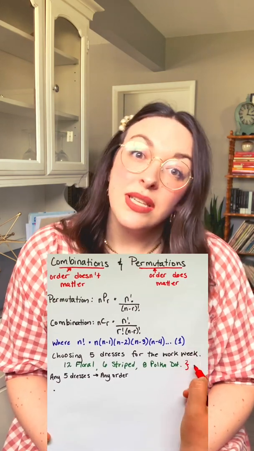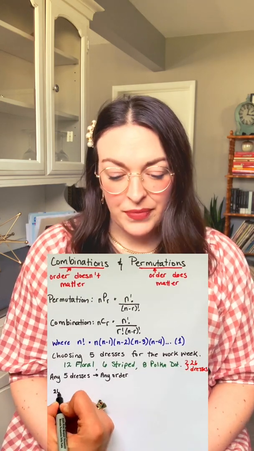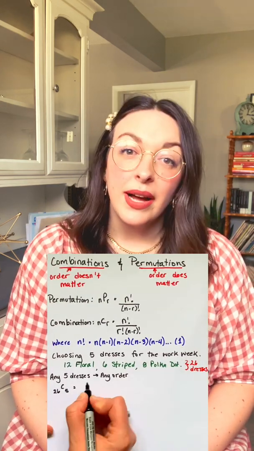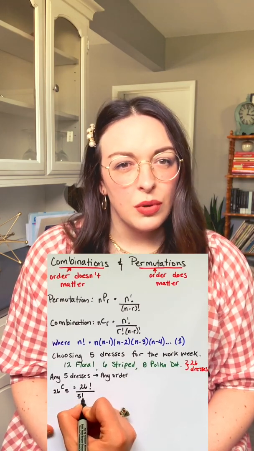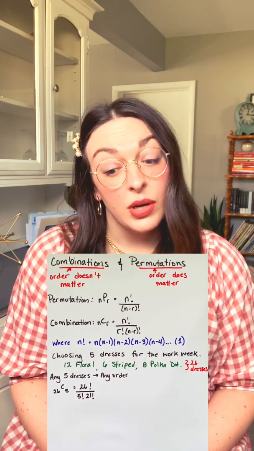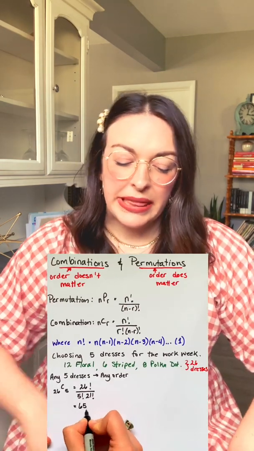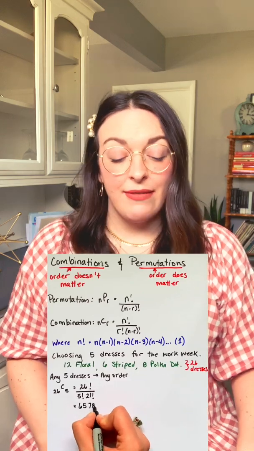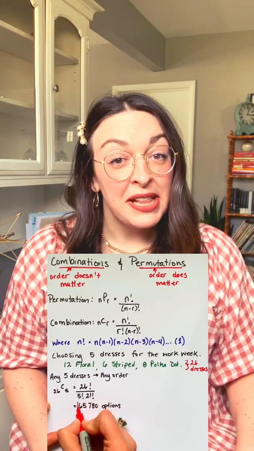So that would be 26 choose 5, because I have 26 dresses all together, and I'm going to choose just 5 of them. So it's 26 factorial divided by 5 factorial times 21 factorial, because 26 minus 5 is 21. I'm not going to go through all the calculation with you right now, but that gets us 65,780 options. I like that.